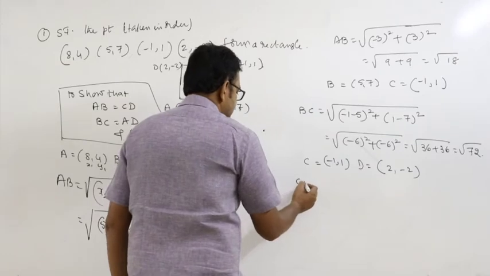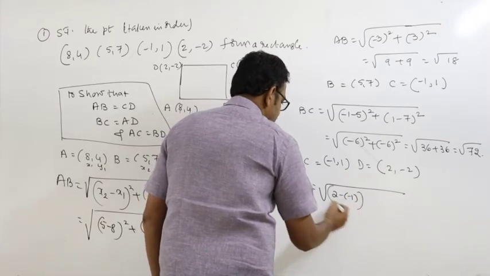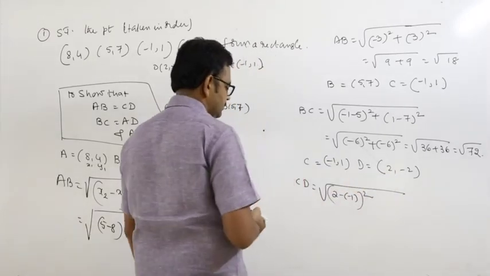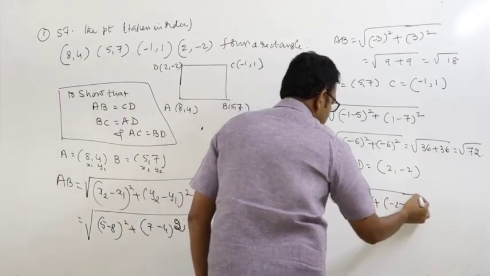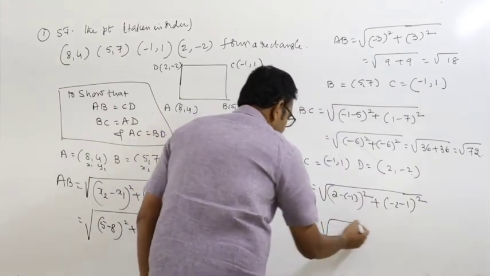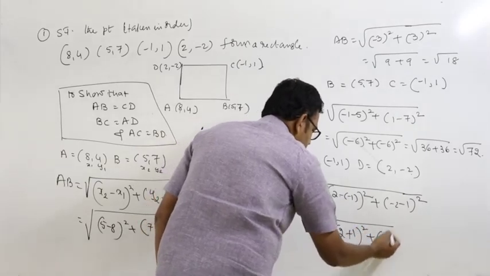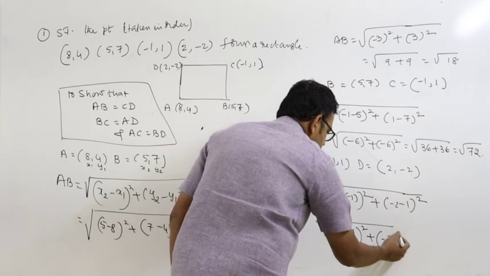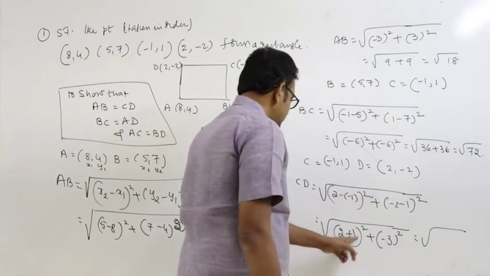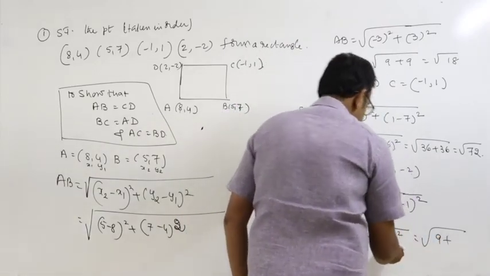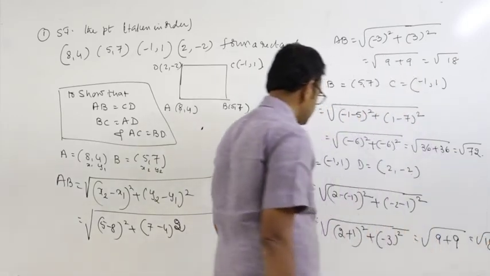So CD is equal to root of (2 − (−1)) whole square plus (−2 − 1) whole square, that is root of 3 square, 9, plus (−3) whole square, 9, that is root of 18.